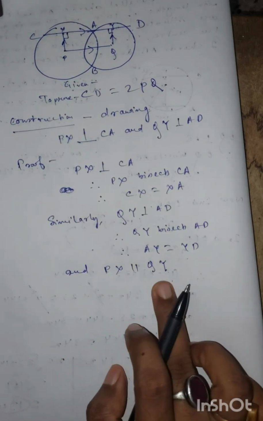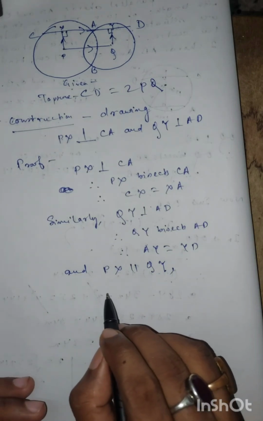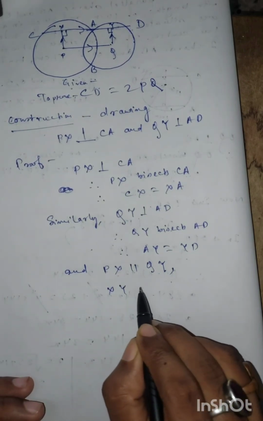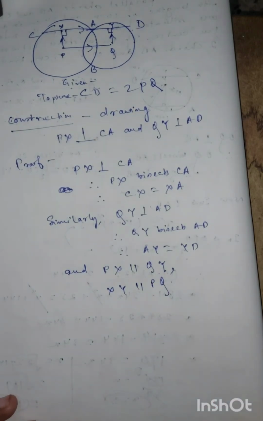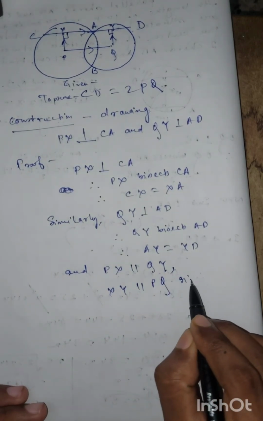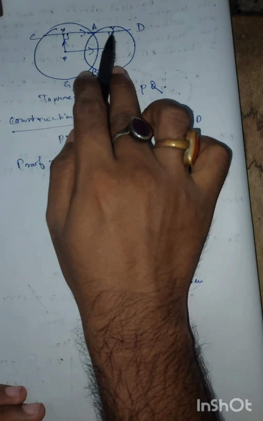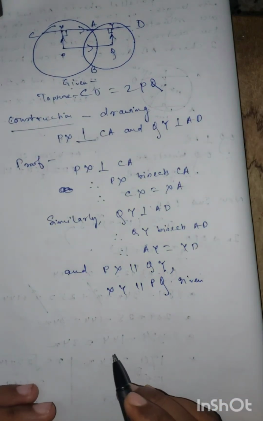So PX is parallel to QY and XY is parallel to PQ. It is given CD is parallel to PQ, that means XY will also be parallel to PQ.